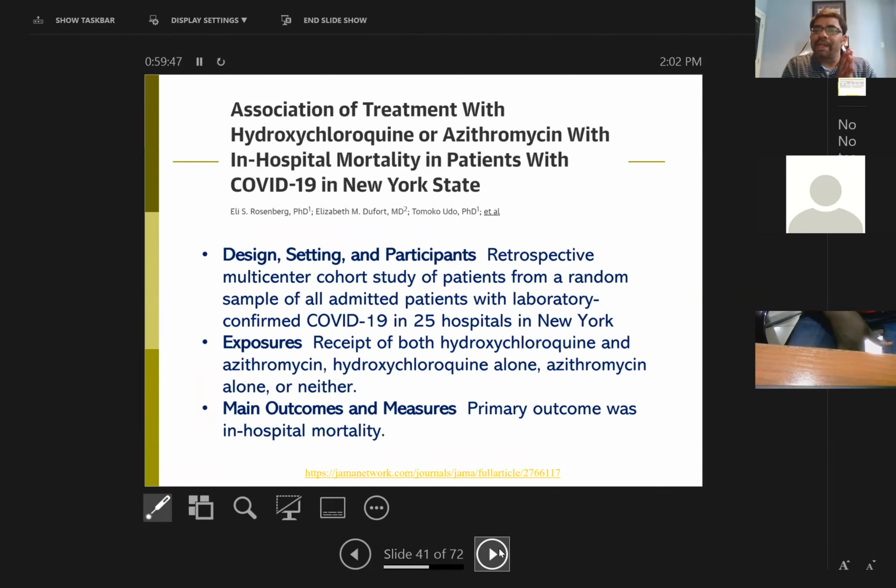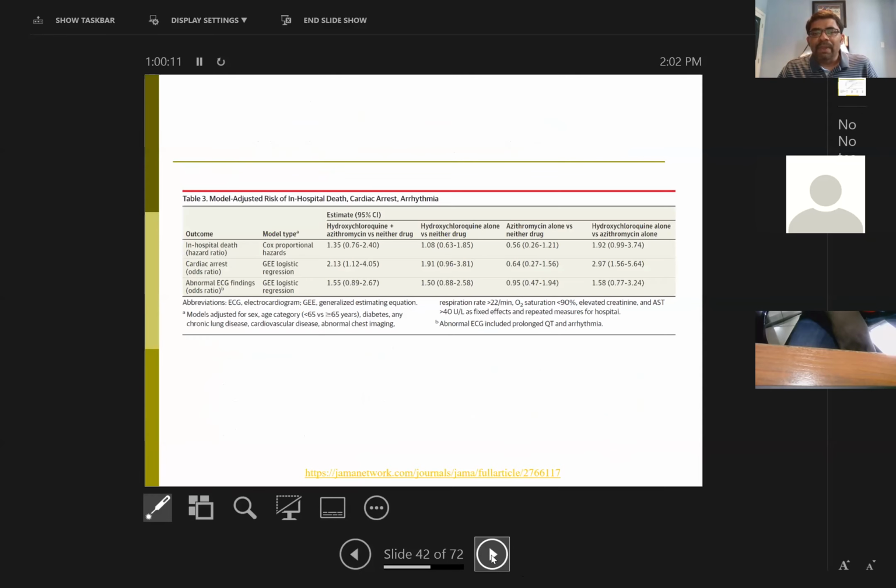You just collect the data from these 25 hospitals and you analyze them and you see whether hydroxychloroquine and azithromycin have any impact on mortality, for example, right? So exposure was being put on hydroxychloroquine or azithromycin or a combination of the two or neither, and the primary outcome was in-hospital mortality. Did they live or die in the hospital, right?